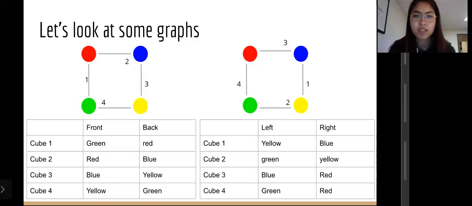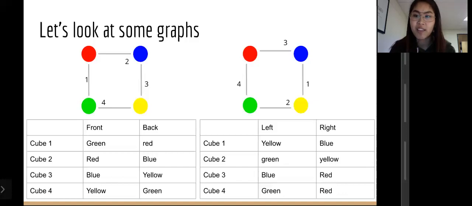The reason why this one works is because if I had arrows, it would show that green is going to red. This edge is leaving the green, and this edge between yellow and green is going into green, if that makes sense. So one edge should be leaving the vertex, and the other edge should be going towards the vertex.